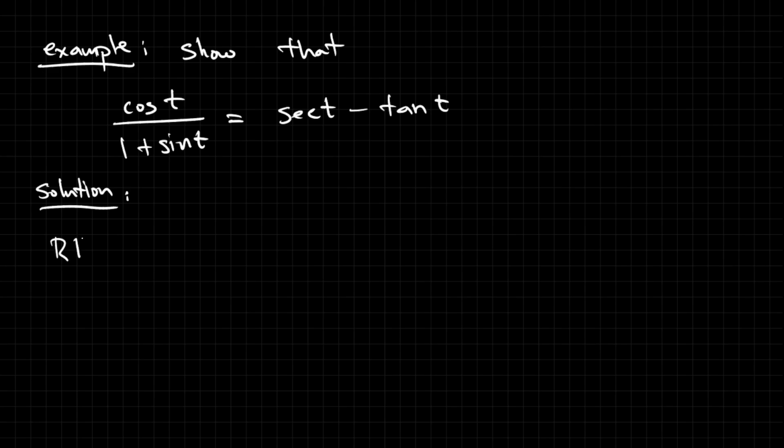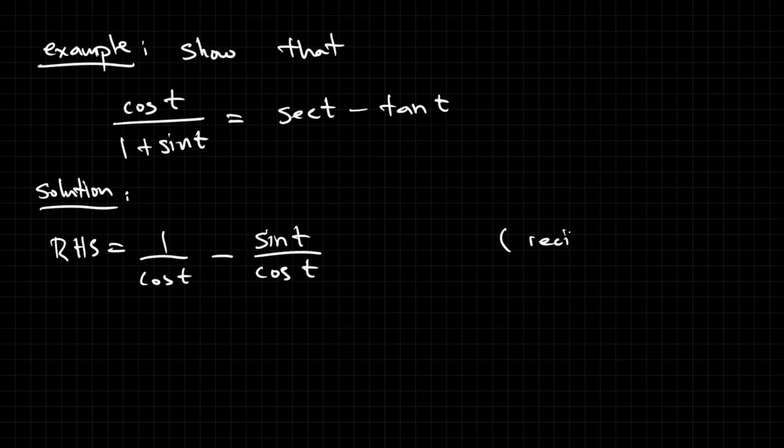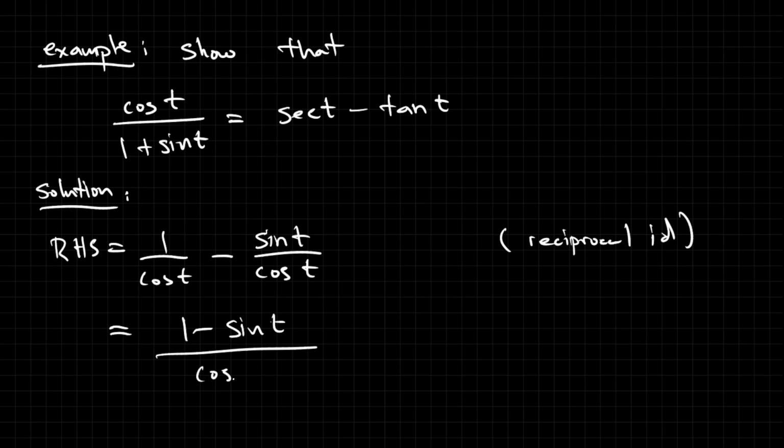Okay, so the right-hand side is secant t minus tan t, so that's 1 over cosine t minus sine t over cosine t. So we have our reciprocal identity. And now these already have a common denominator, so this is 1 minus sine t over cosine t.